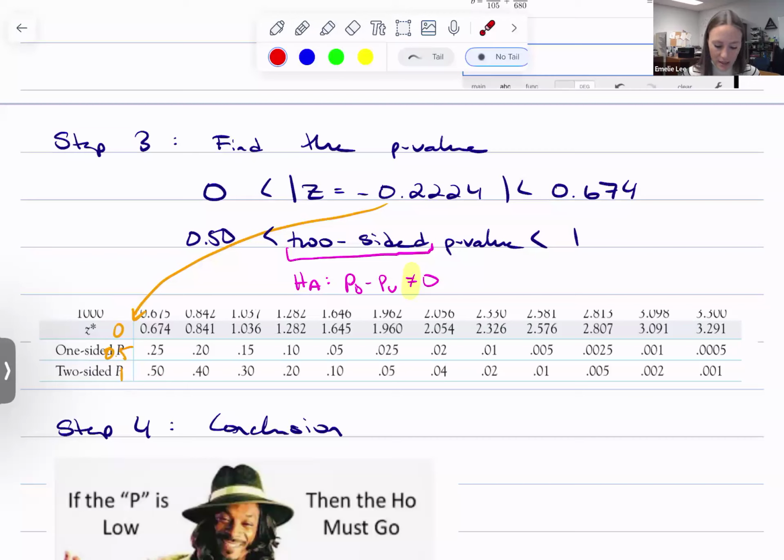I'm assuming that you're using the same inequality. If you're comfortable with inequalities, you can mix them up. You can write this as the two-sided p-value is, I guess, less than 1 and greater than 0.5, if you want to read them from left to right.